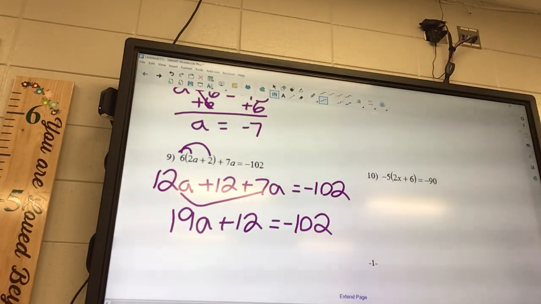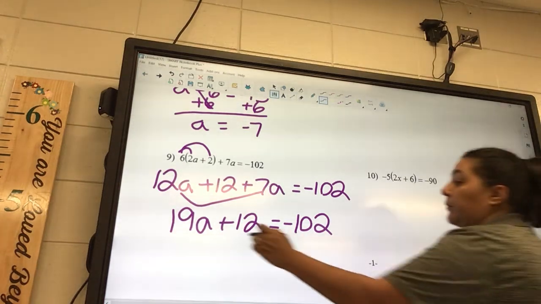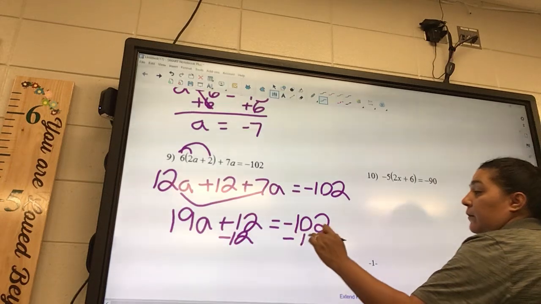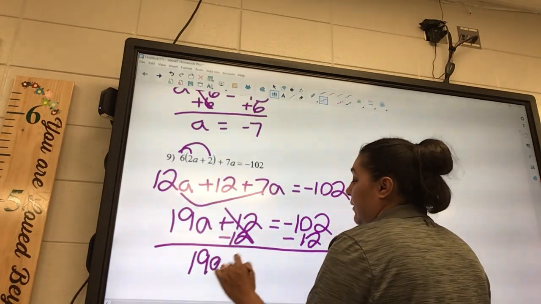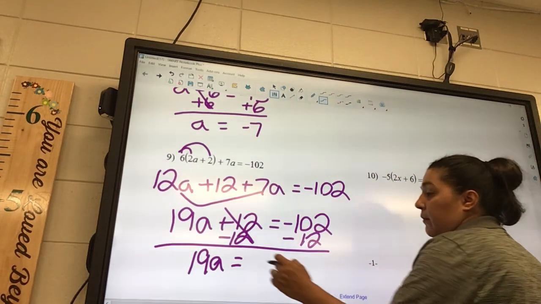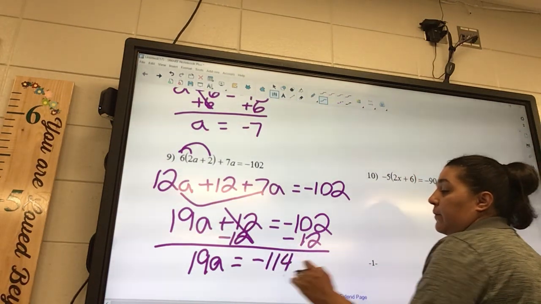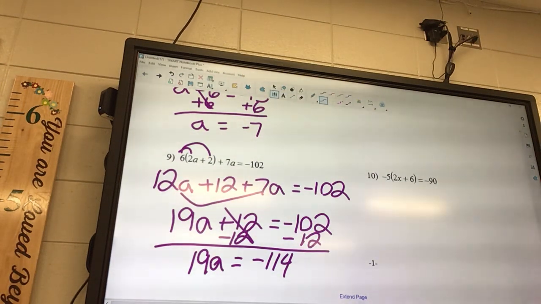Okay, then our next step according to the list is to add or subtract. Is there anything we can add or subtract? Minus 12. So I'm gonna get 19a. What is negative 102 minus 12? Negative 114. Okay, and then our next step is to do what?